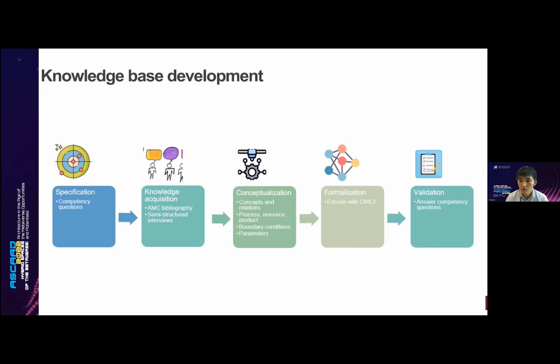Activities in the knowledge acquisition are reviewing the bibliography and conducting semi-structured interviews, and the AM processes, parameters, boundary conditions, etc. are then conceptualized in the conceptualization step. Afterwards, the formalization step encodes the concepts and relations using the OWL language. The rest of the competency questions in the specification step are then answered during validation.